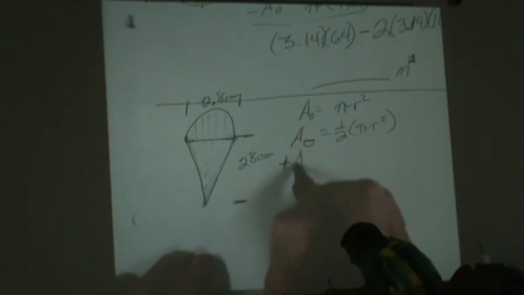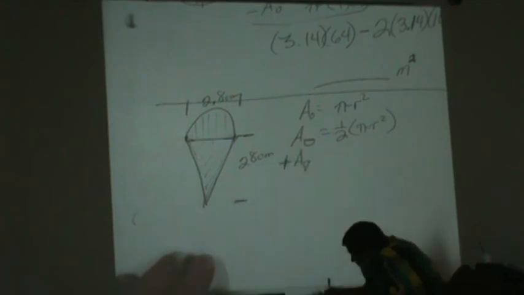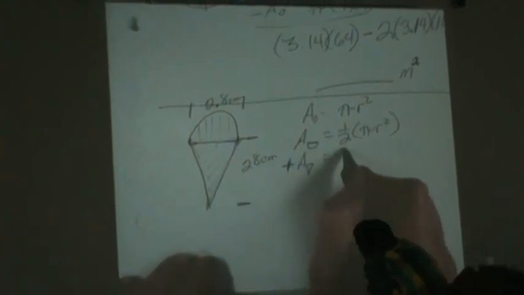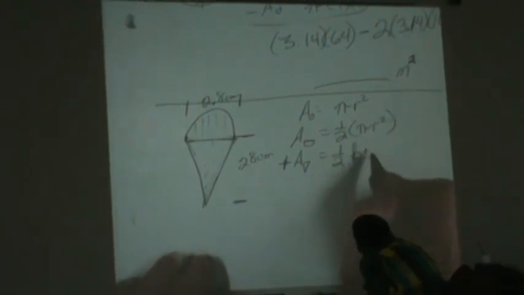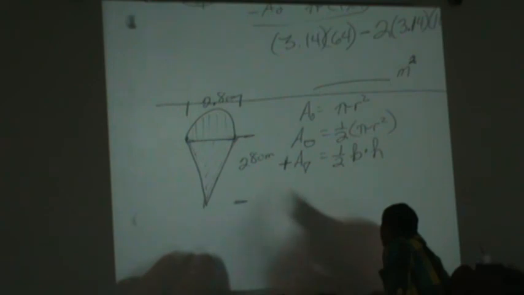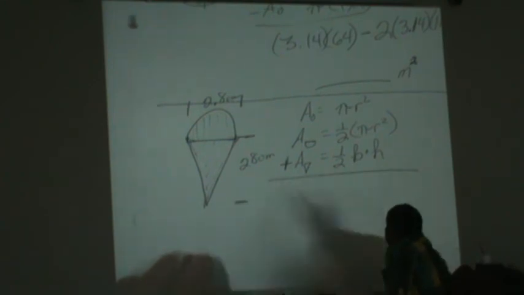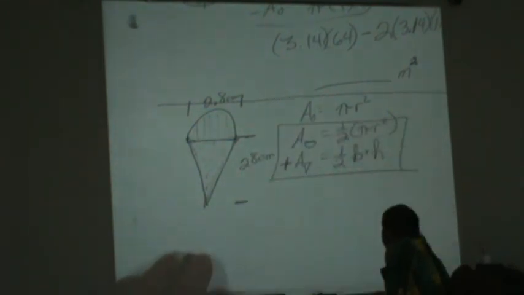Plus, we're gonna add the area of the bottom, which is a triangle, right? Yes. Triangles are 1/2 base times height. Okay? So you're gonna put all those numbers in.